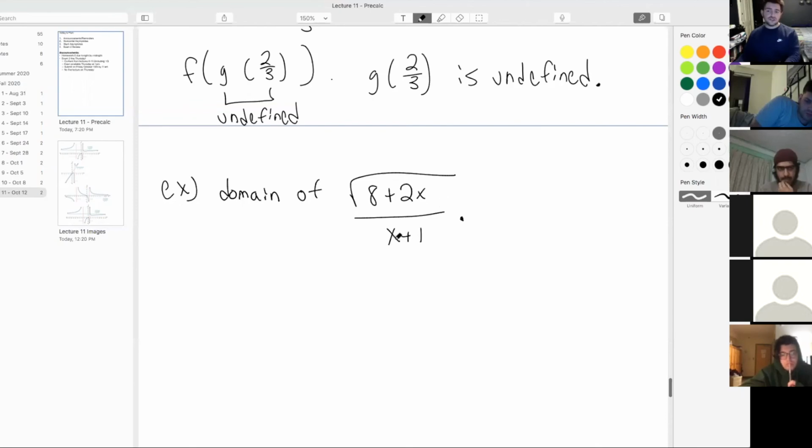To verify that we don't divide by 0, we set the denominator equal to 0 and exclude that. So you set x plus 1 equal to 0 and solve. This gives a solution of x equals minus 1, so you exclude this from the domain.